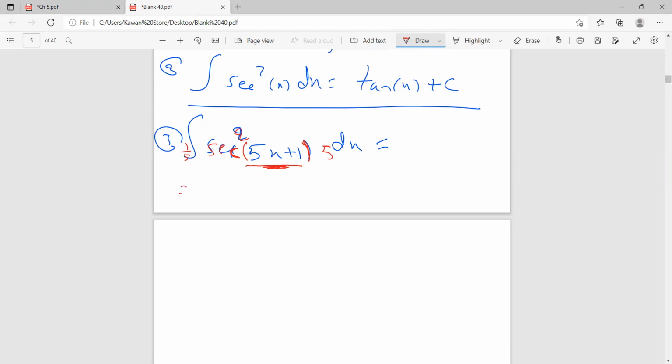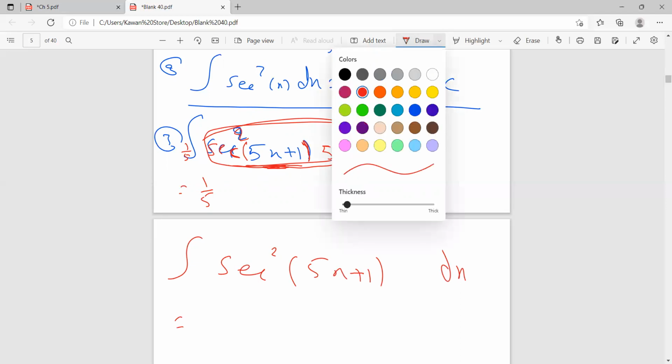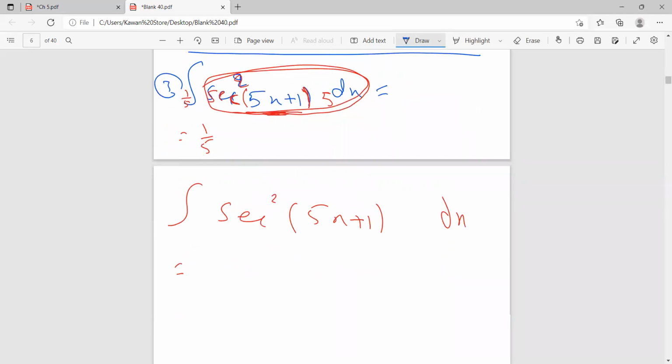So in that case, the integral is equal to 1 over 5, and I know this one now is like a direct, is prepared. Before that, no, we cannot say secant square of (5x plus 1) dx, we cannot bring it out. Why? Because we have a derivative of the angle, so the derivative of the angle is equal to 5.